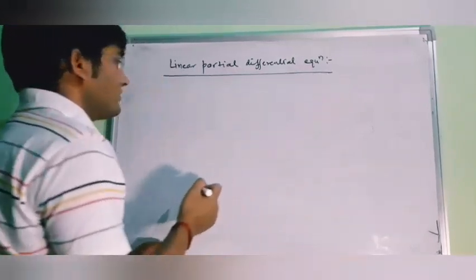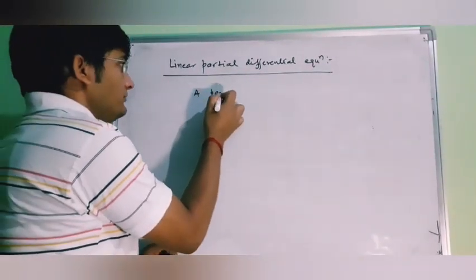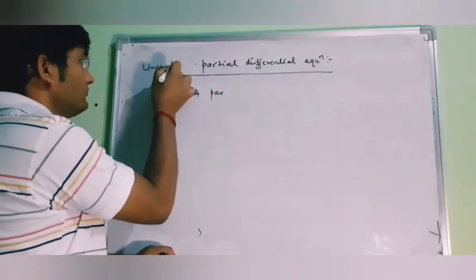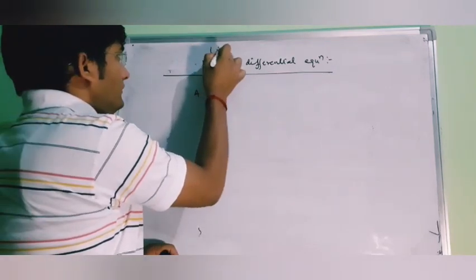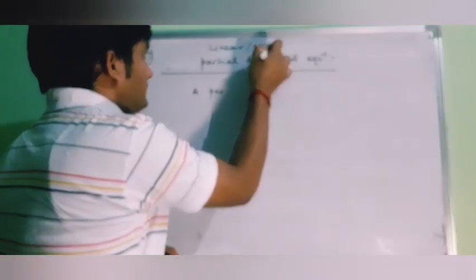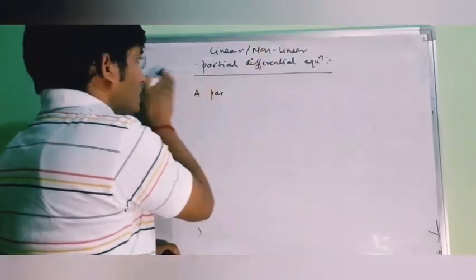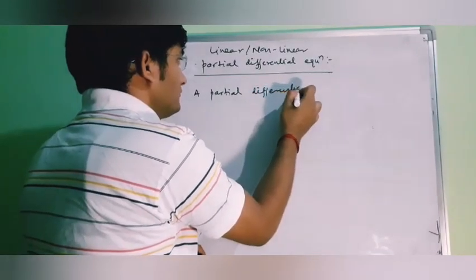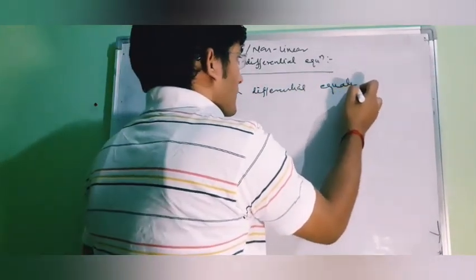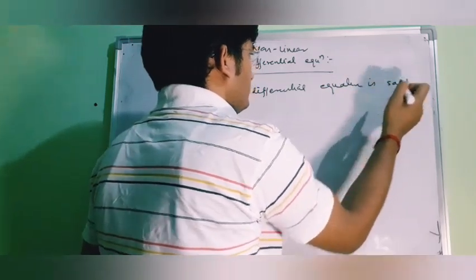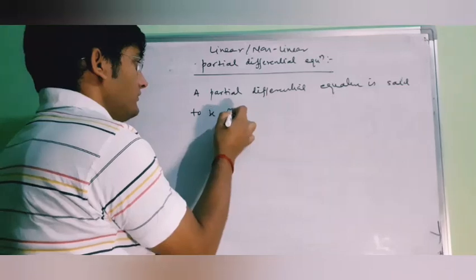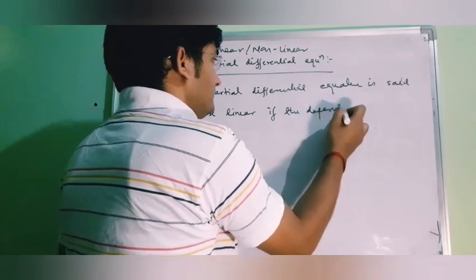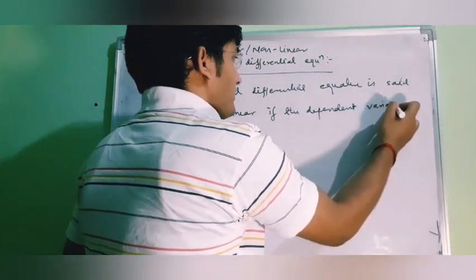Linear partial differential equation. For a partial differential equation, linear or non-linear. A partial differential equation is said to be linear if the dependent variable, say the dependent variable is z.